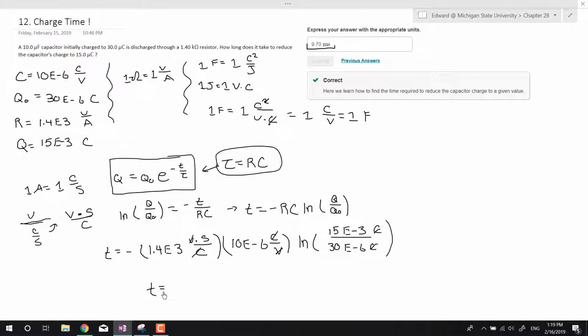Aha, so this is actually not negative 3. That's negative 6. You guys are probably wondering what's going on there. That's negative 6. That's micro, it's not milli, right? So 15 e to negative 6 divided by 30 e to negative 6, natural log of that, times 10 e to negative 6 times negative 1.4 e to the 3.